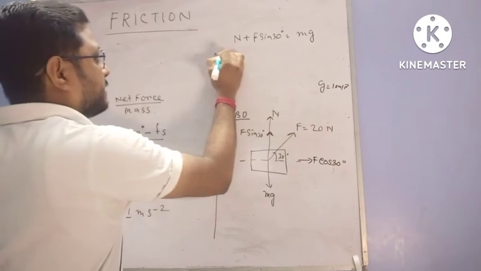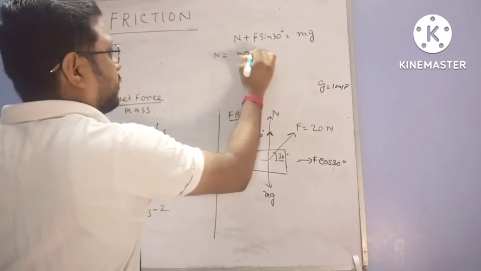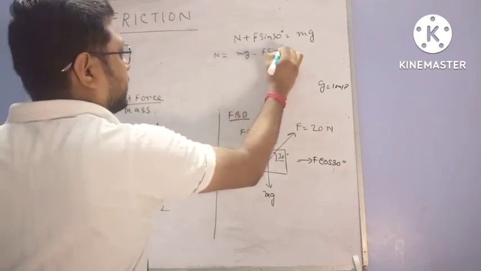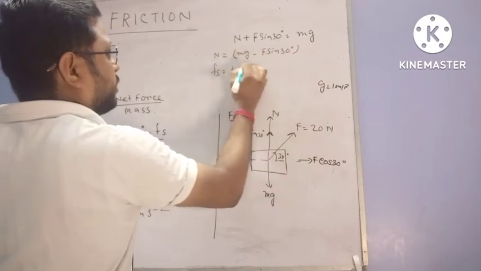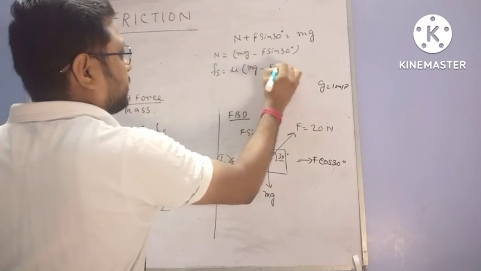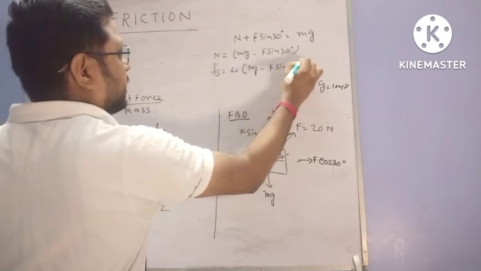Therefore, what is the value of the normal force? mg minus F sin 30. What is the value of Fs? Mu into N, that is mu into mg minus F sin 30 degree.